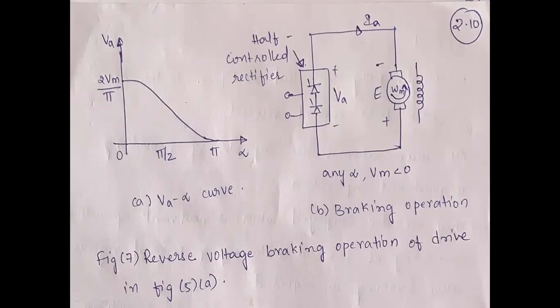Out of these three, you have to concentrate mainly on the dual converter. In your portion, mainly the dual converter is there, but the remaining ones will be explained briefly only. All these three schemes are capable of providing 4-quadrant operation.